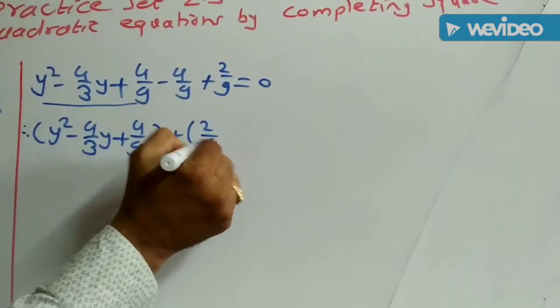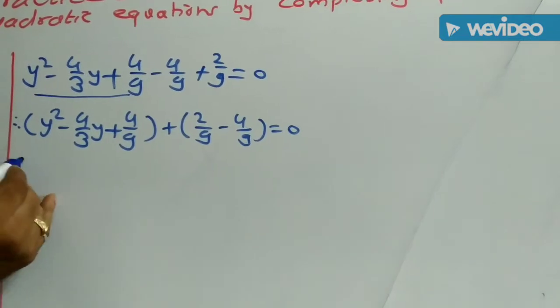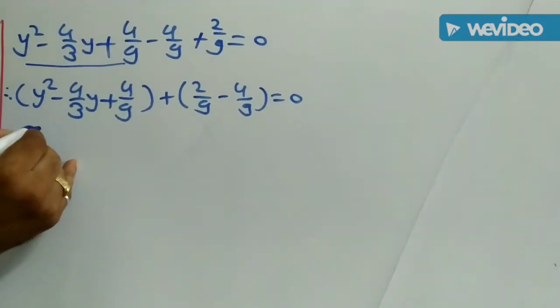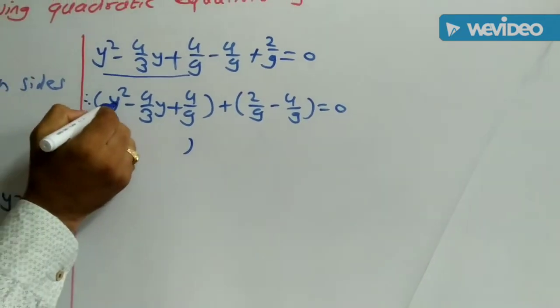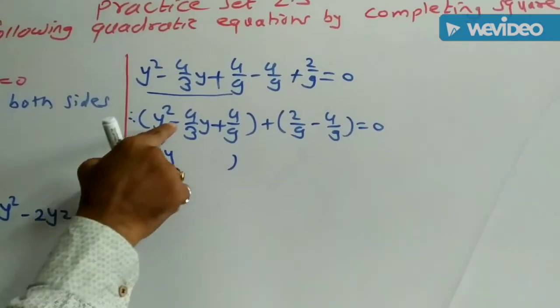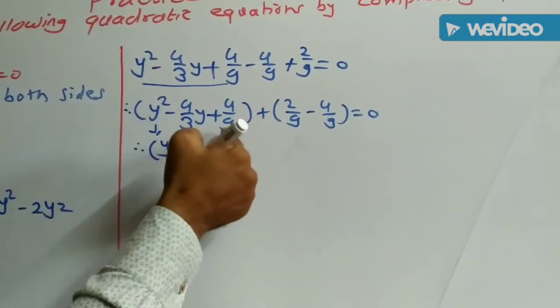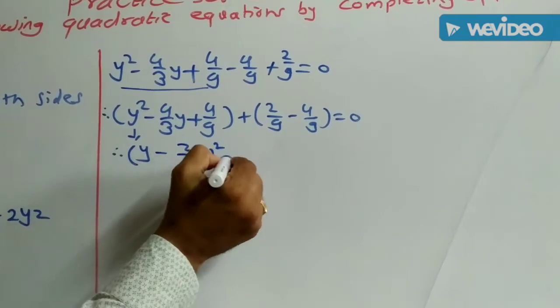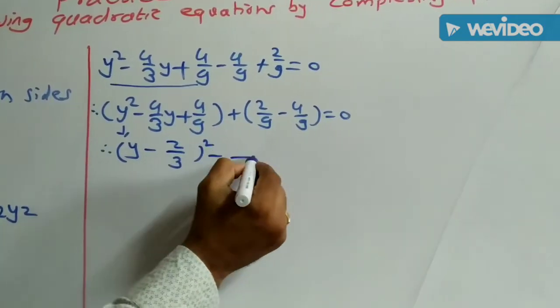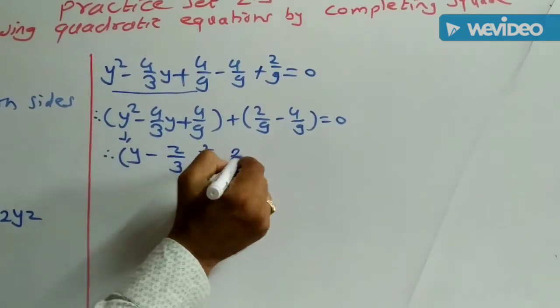I write it as 4 upon 9 minus 4 upon 9 is equal to 0. Now it is the expansion of the bracket. For finding the bracket, I write the square root of the first term, that is y, the sign of the middle term, that is minus, the square root of the last term, that is square root of 4 upon 9 is 2 upon 3, bracket square. Now subtraction of both, the denominator is the same, 9, 2 minus 4, that is minus 2.